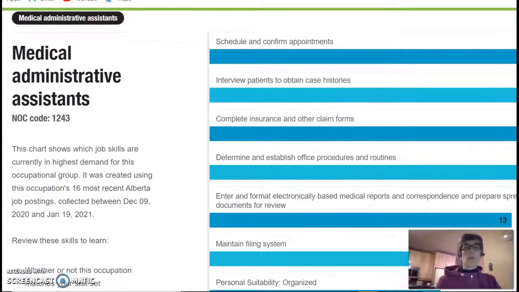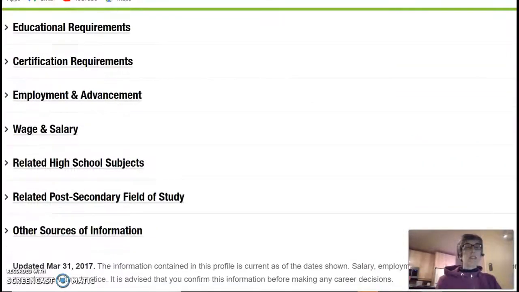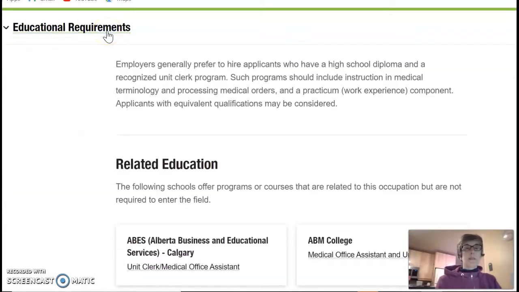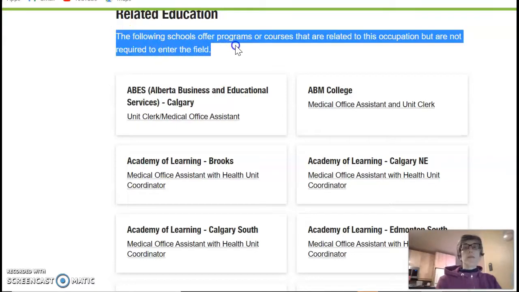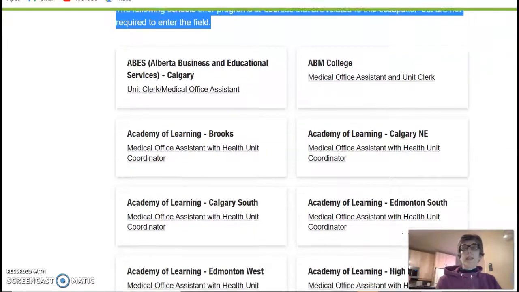So you're going to scroll down again until you get to educational requirements. Let's click. And right here under related education, it says the following schools offer programs or courses that are related to this occupation. So I can see that there are some in Calgary.